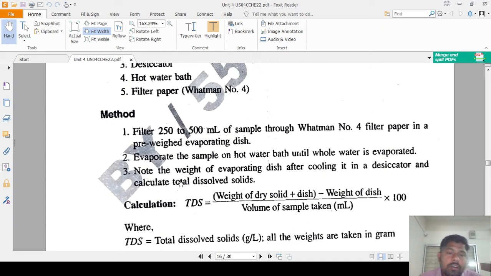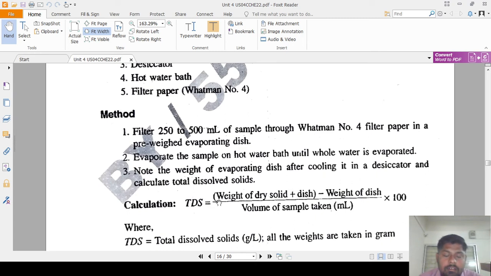Okay, first of all, take the evaporating dish and weigh the empty weight of the dish. After that 500 ml or 250 ml solution is transferred into the evaporating dish, then it is heated till the whole water is evaporated, only some residue remains after that heating. Then cool down that dish in a desiccator. After that weigh again that evaporating dish. Now that weight is called the weight of dish plus the residue.